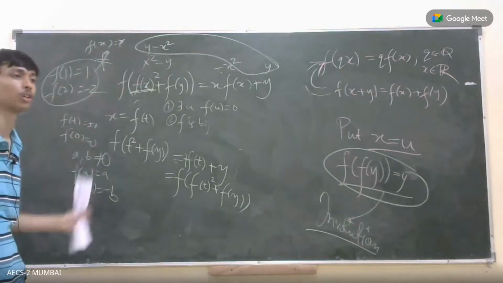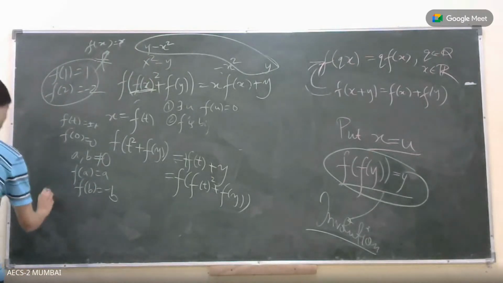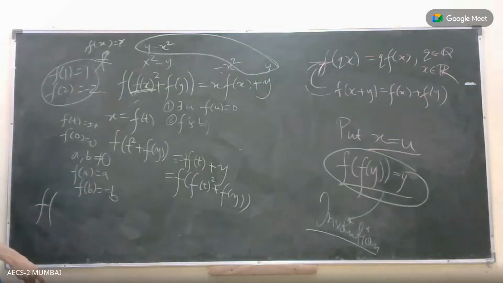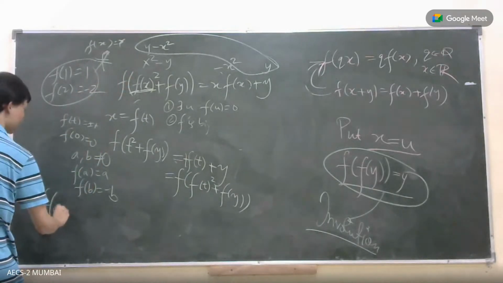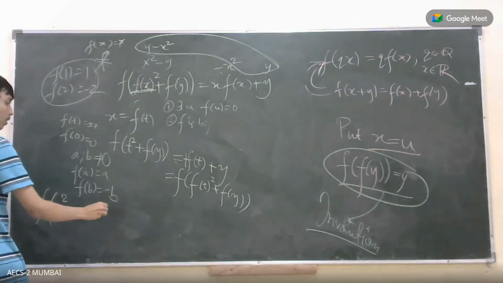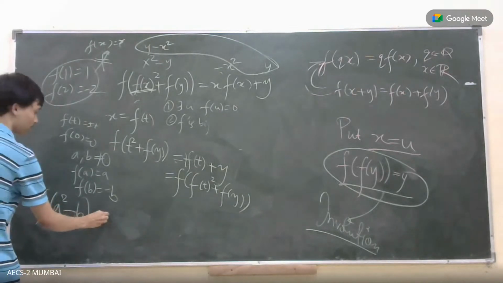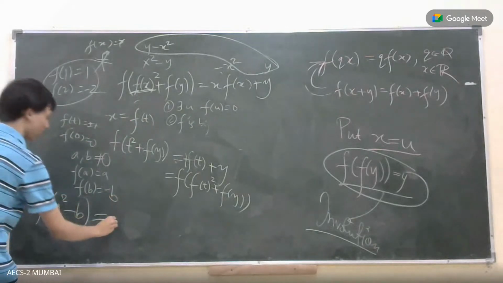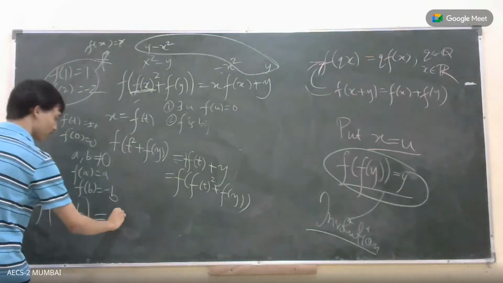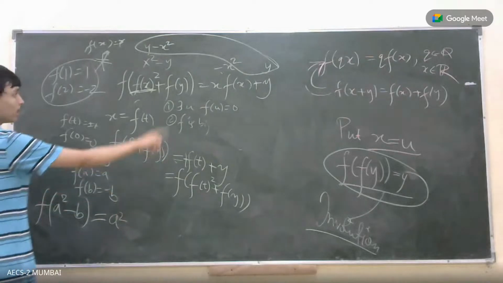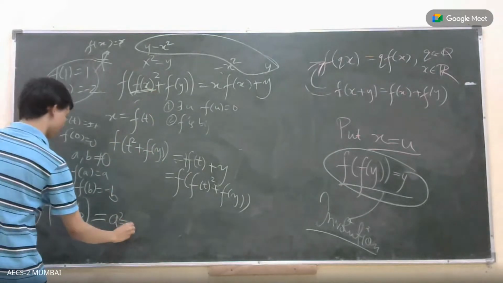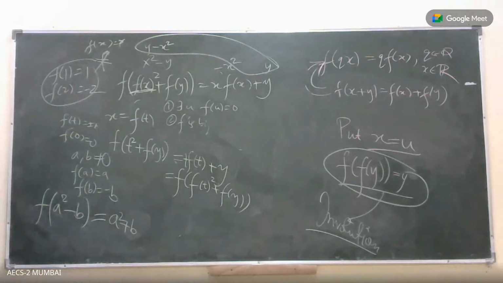Put x equal to a, y equal to 0. What do you get? What is f(a)? a. So f(x) squared becomes a squared. What is f(y)? f(b) is minus b. So you have a squared here. What is f(a)? And what is y? You have this. Right?